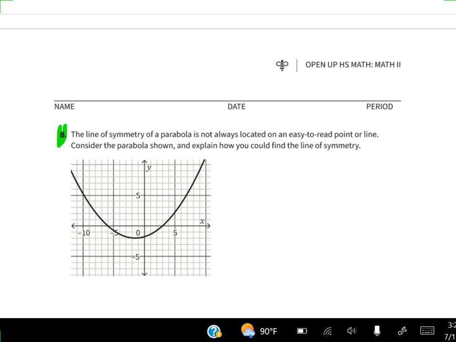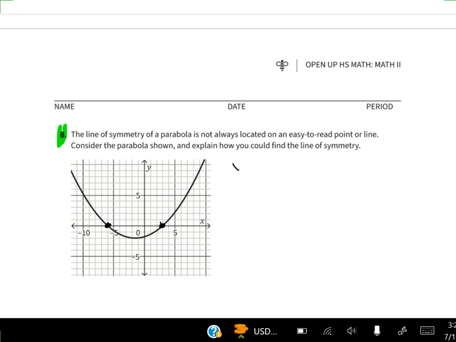All right, so in this case, looking at this parabola, the axis of symmetry is a little bit tough to find, but we can actually do this by taking the x-intercepts and discovering that the axis of symmetry is actually halfway in between those.